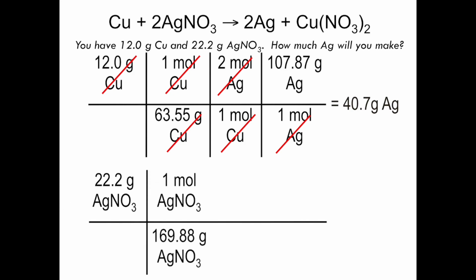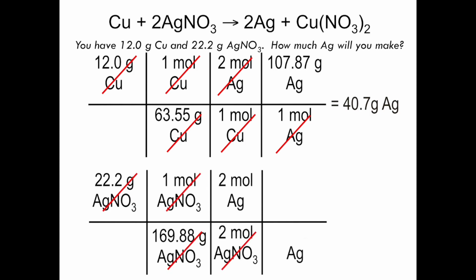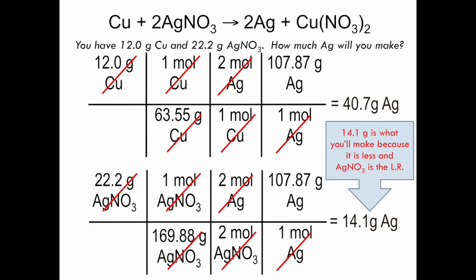Now let me start with 22 grams of silver nitrate. Grams to grams, moles to moles, back into grams. I can only make 14 grams of silver. So for the last time, the lesser amount is how much you are going to make, which makes AgNO3 the limiting reagent.